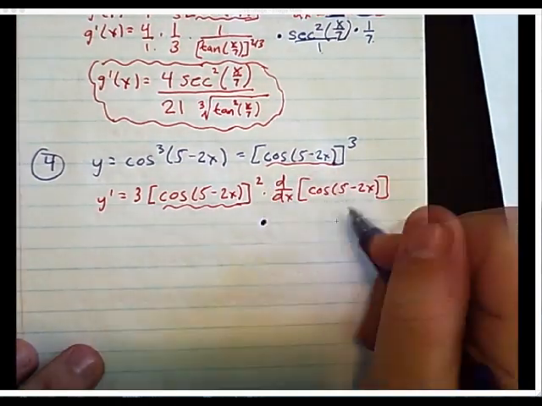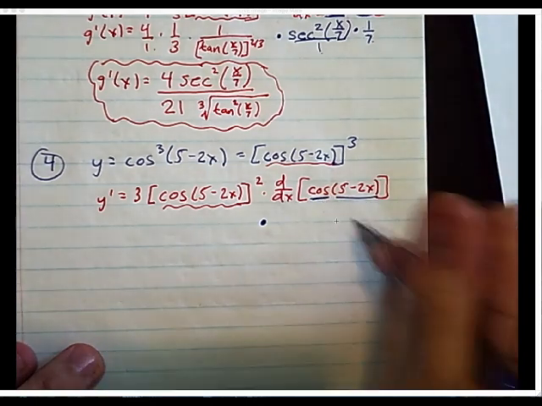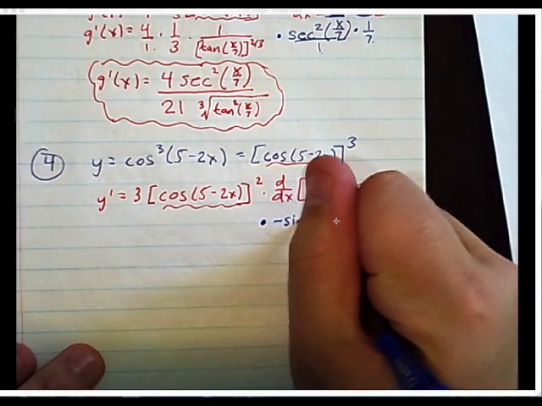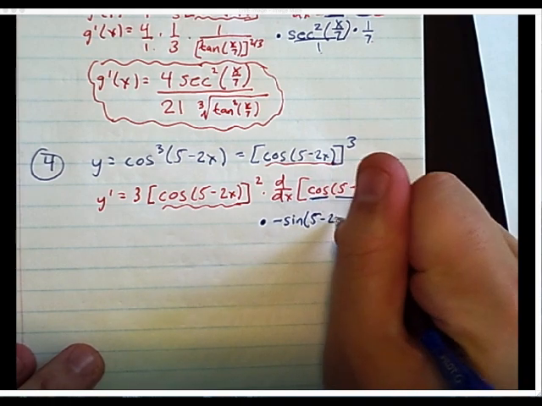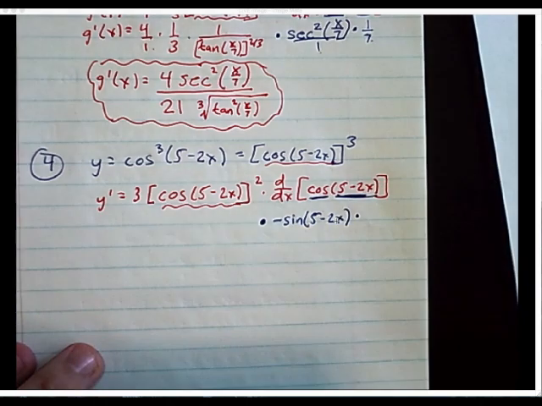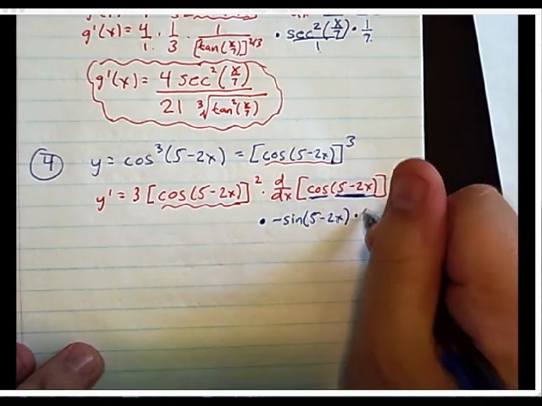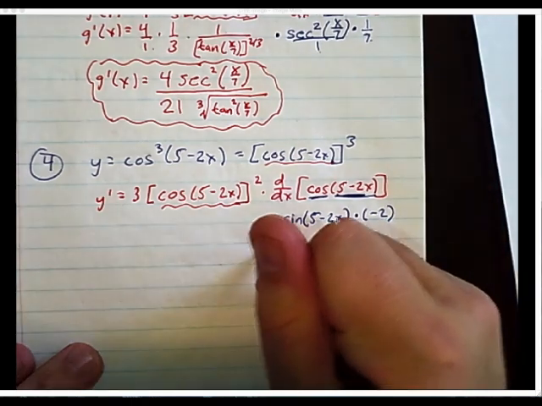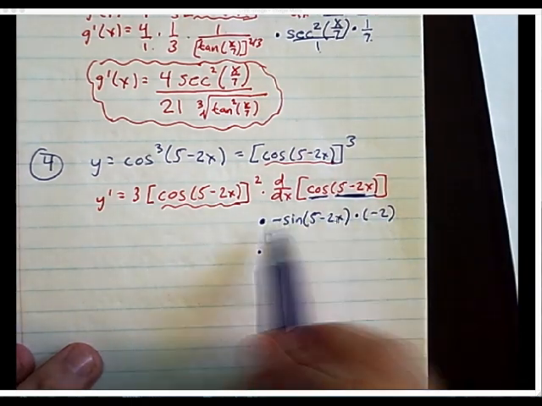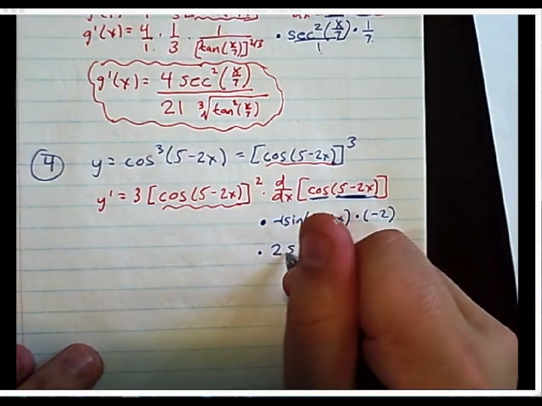So when I take the derivative of the inside, I have another chain rule. That's the outside function. So the derivative of cosine is negative sine with respect to whatever's inside, times the actual derivative of this. So the derivative of 5 is 0, the derivative of negative 2x is negative 2. So if I put these two things together and multiply them, negative 1 times negative 2 is positive 2.